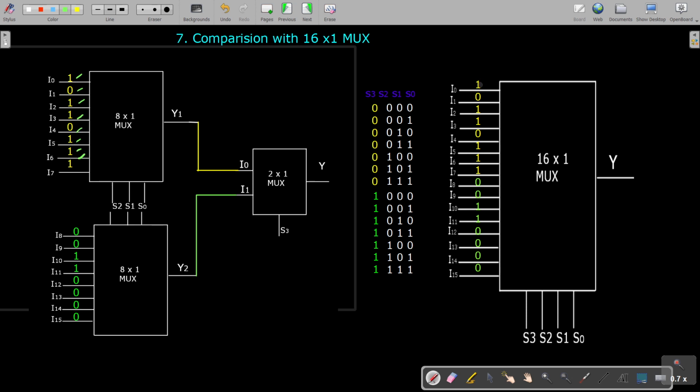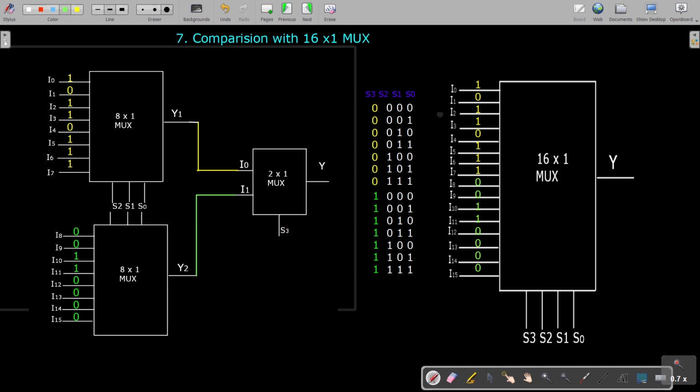Similarly, the same data is applied here, 10110111, up to these 8 data lines. Similarly, the remaining it is 0011. Here also you have this 0011. Then here you have 0000. Similarly, here you have the 0000 for the MSB bits. Okay, so same data is applied.